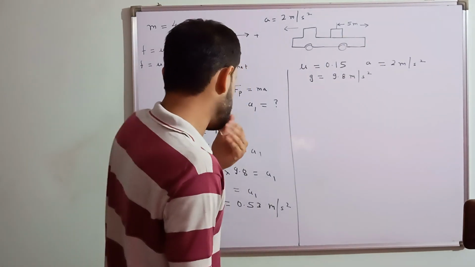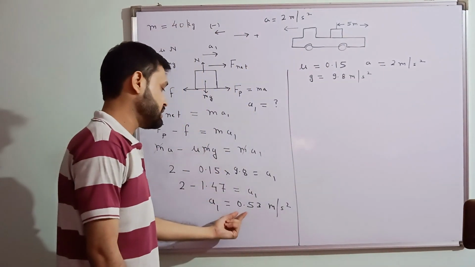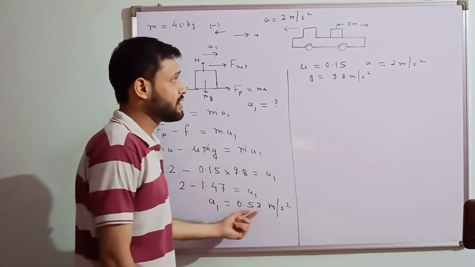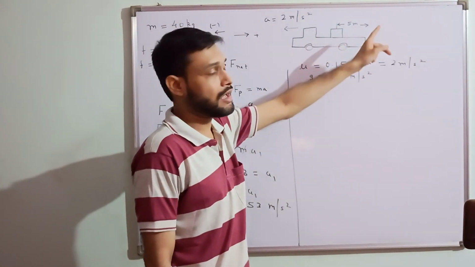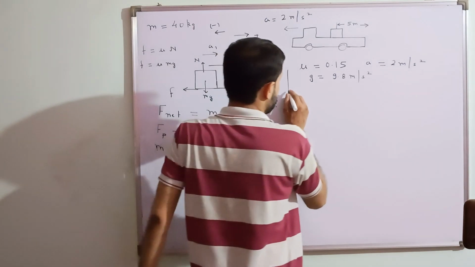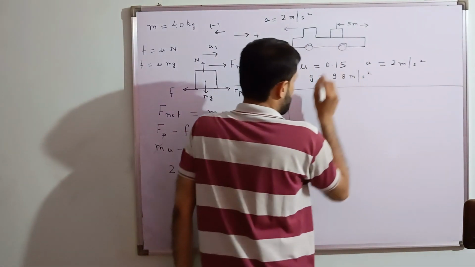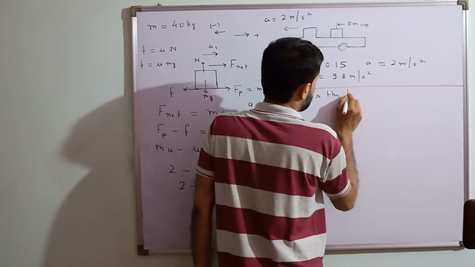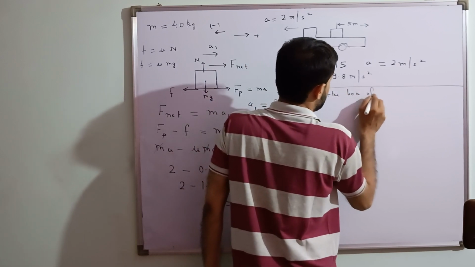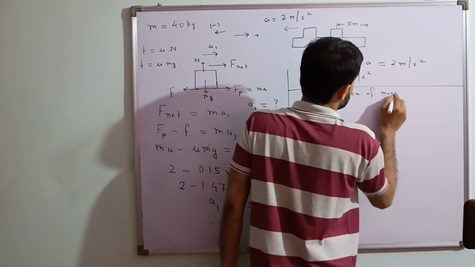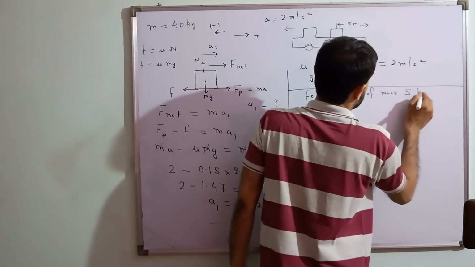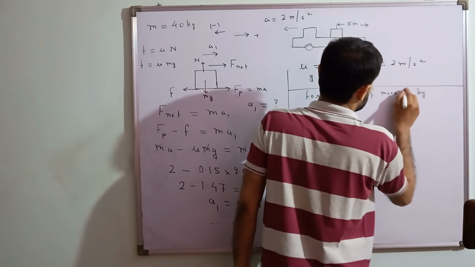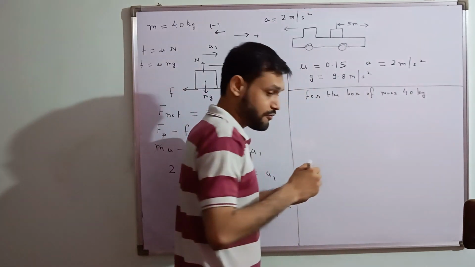So how can we find this? We have already found the acceleration. With this acceleration it will move some distance. How much is the distance? Let's start with the box of mass 40 kg.